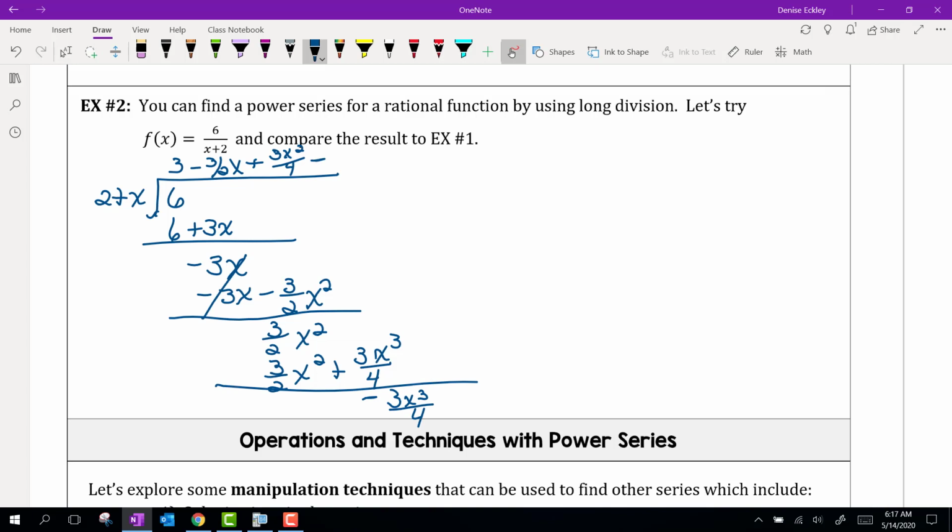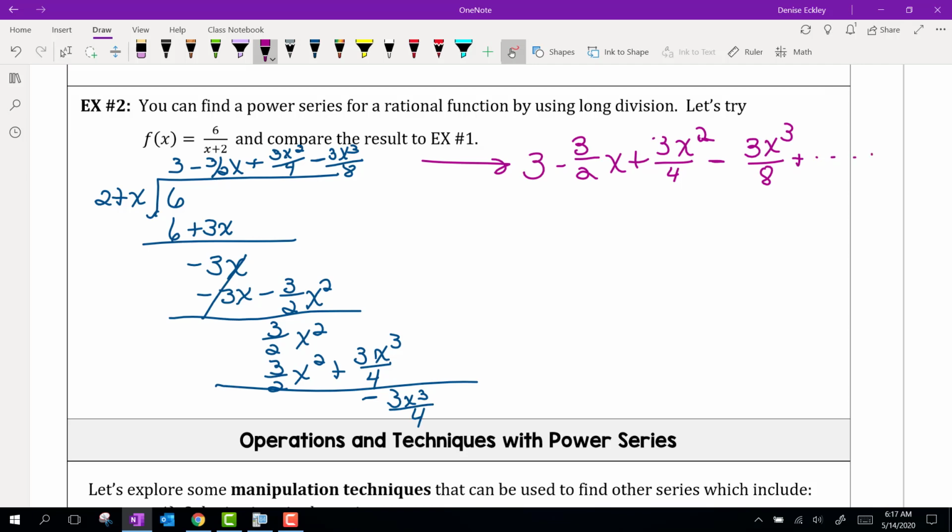So I'll just put the next term up there so we have one more, which is going to be negative 3x to the third over 8. Okay, so if we compare these two, let me just write this out here. So we have 3 minus 3 halves x plus 3x squared over 4 minus 3x to the third over 8, and it would continue.